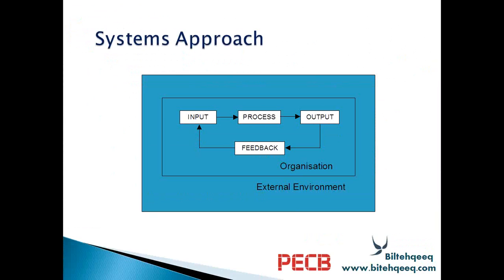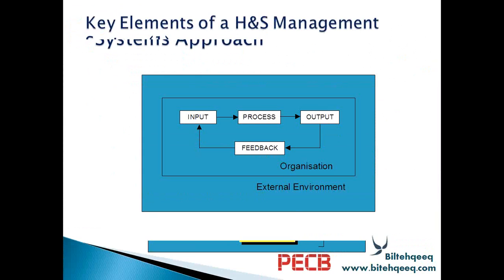Most of you are familiar with this approach, and you can see this is a continuous process. Arrows are showing that it is not ending anywhere, and the whole organization has an impact on this system, and the external environment also has an impact on this approach.